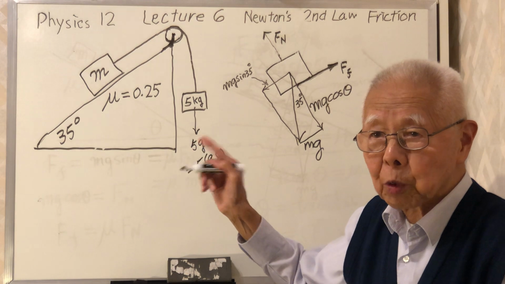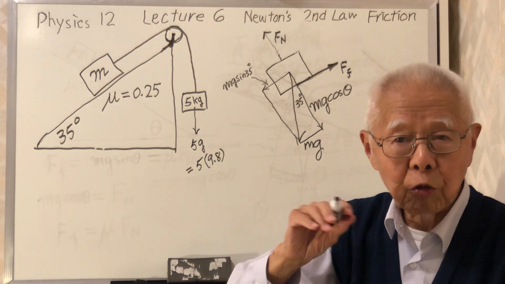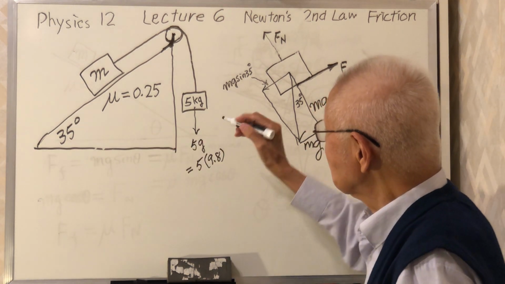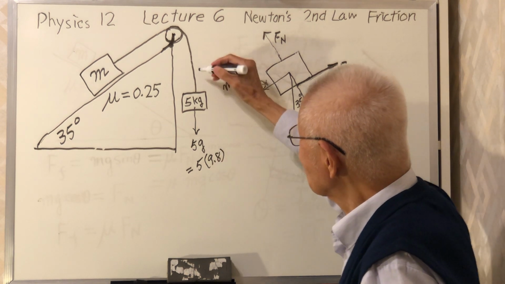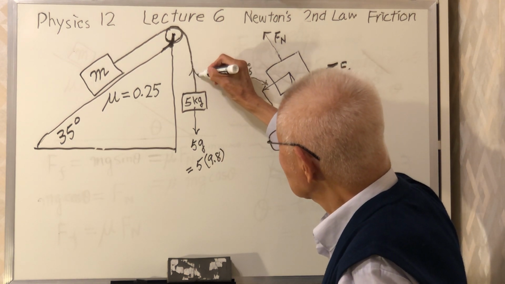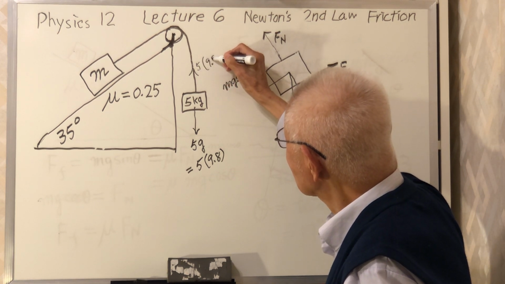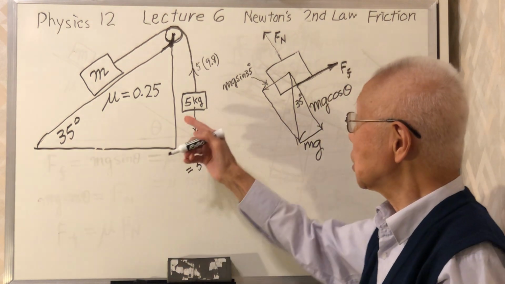Because in this question, nothing is moving at this point, this down force is 5 times 9.8. This up force must be 5 times 9.8, because this is not moving.